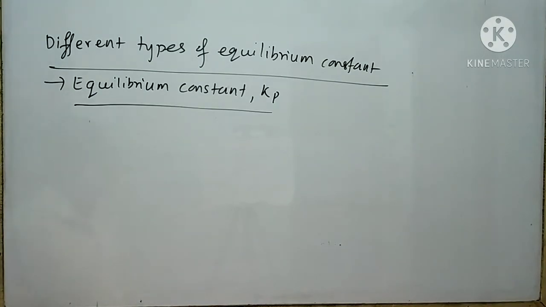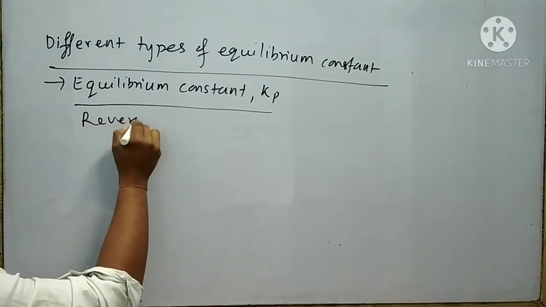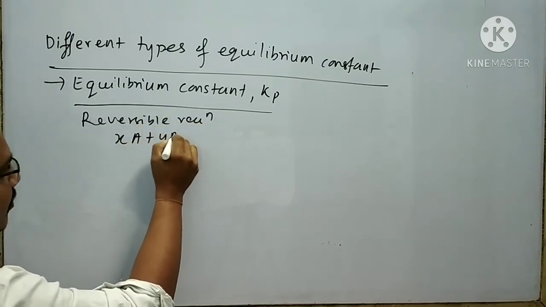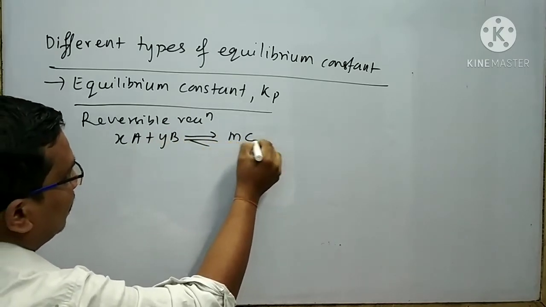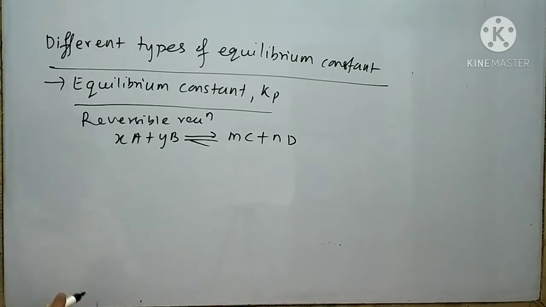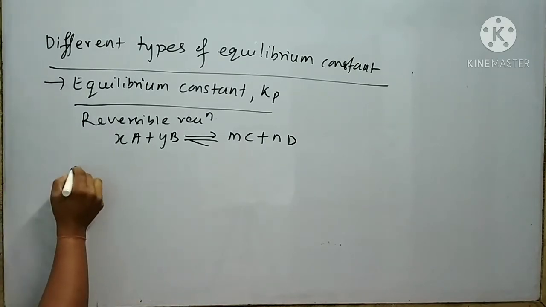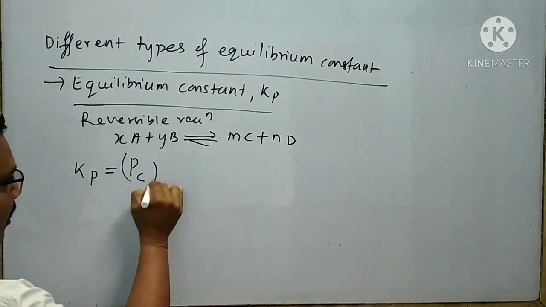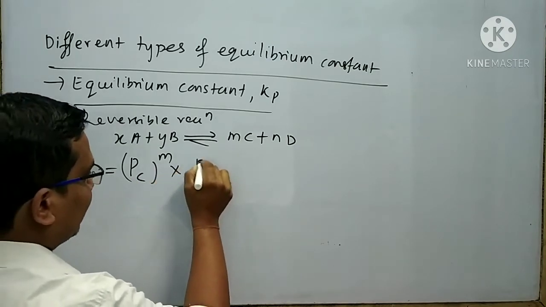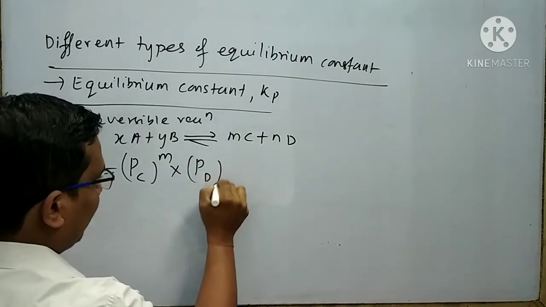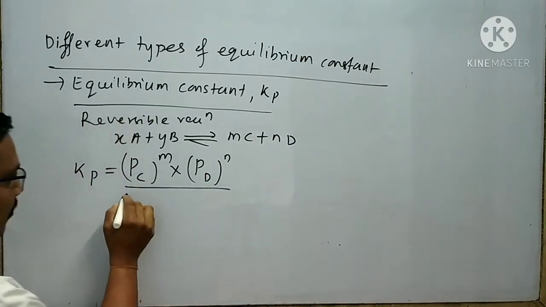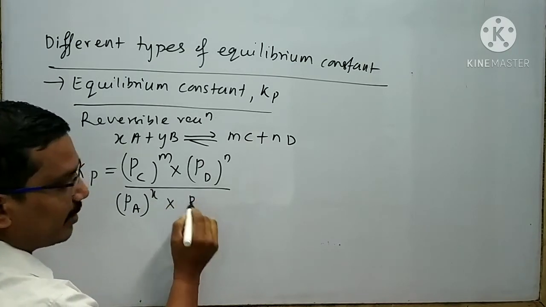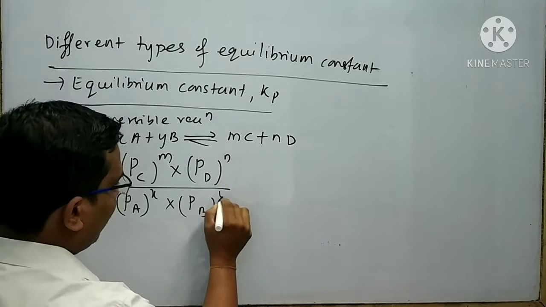Suppose take a reversible reaction: xA plus yB gives mC plus nD. For this reversible reaction, we can write Kp equals partial pressure of C power m into partial pressure of D power n divided by partial pressure of A power x into partial pressure of B power y.